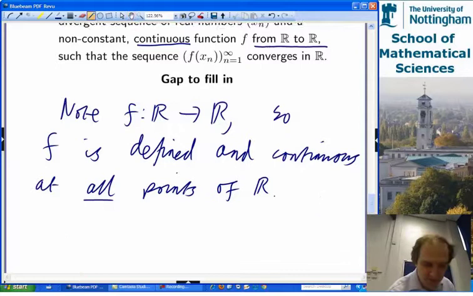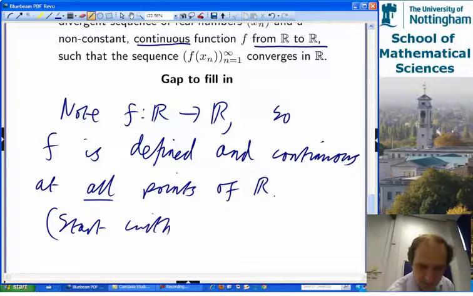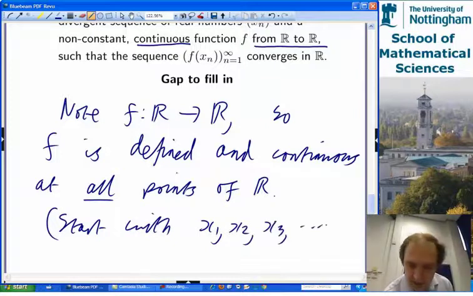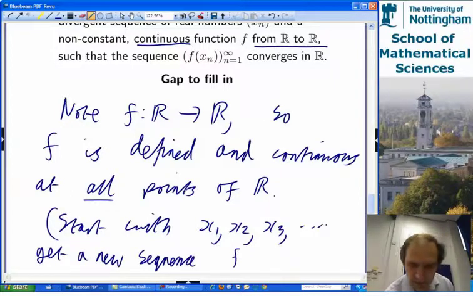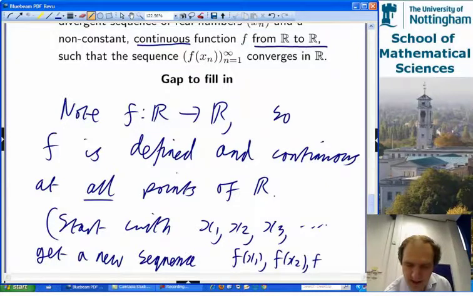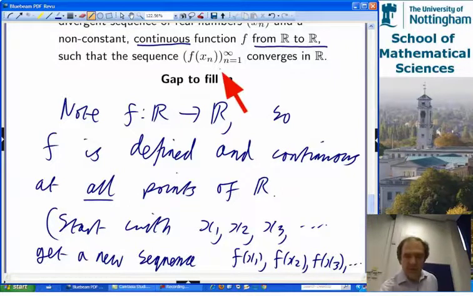You'll start with a sequence x1, x2, x3, and you'll get a new sequence which is going to go f of x1, f of x2, f of x3. By the time you've applied the function, that's what this one is here.